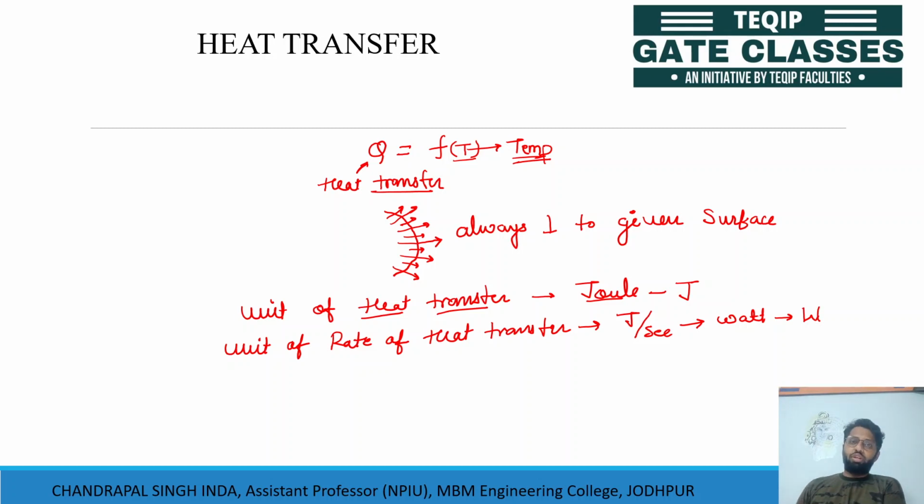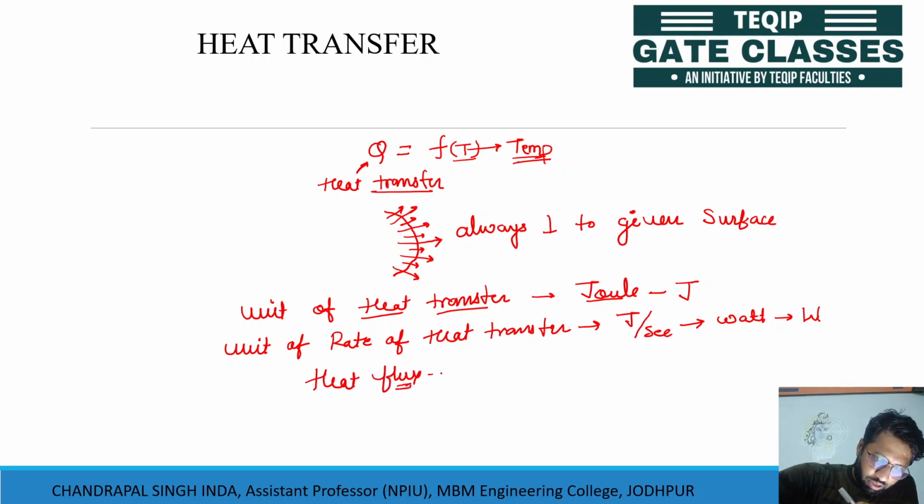One more unit is related to the heat flux, watt per meter square, which represents the rate of heat transfer per unit surface area, meaning the amount of energy transferred from the surface per unit time per unit area.